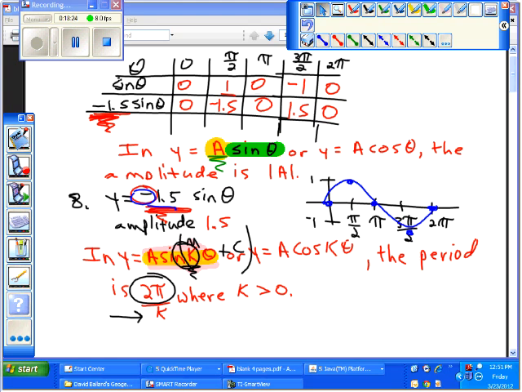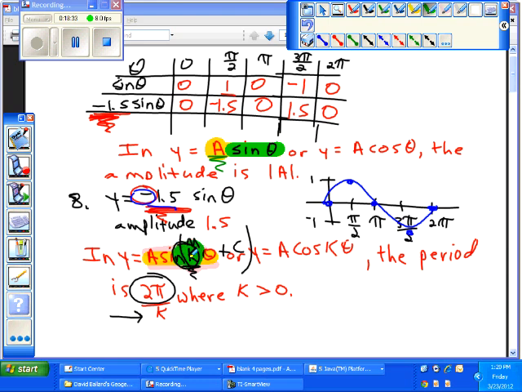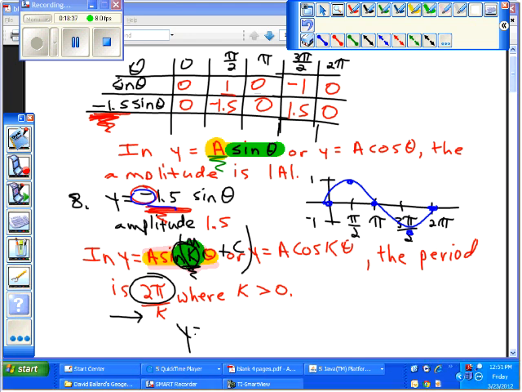Now, if I multiply inside here by 4, let's just say we had y equals sine 4 theta. Then what's really going to happen?